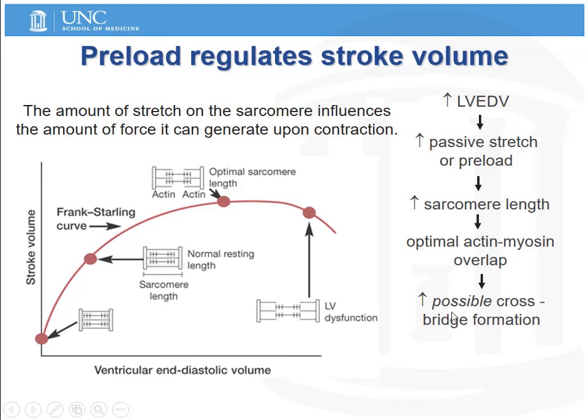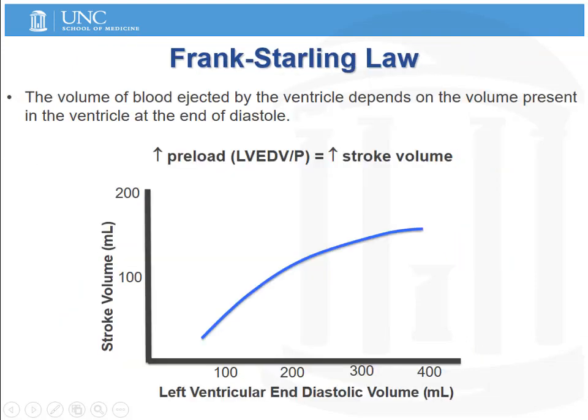And we say possible cross bridges because it's the intracellular calcium concentration that then determines what fraction of the possible cross bridges will actually form. We'll come back to this idea when we talk about contractility. More cross bridges means increased tension and increased force of contraction, which means more blood being pumped out of the ventricle and an increase in stroke volume.